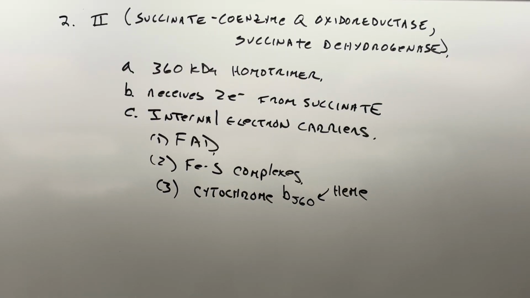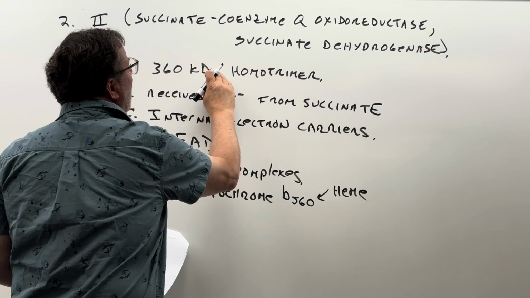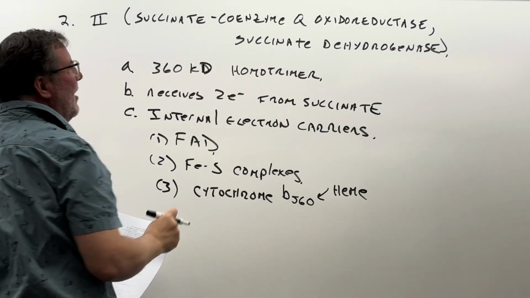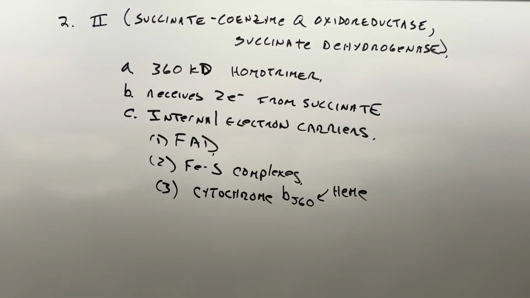Professor? Yes. What is the letter after KD? A. Kilodalton, KD or KDA, it's all kilodalton. You know what a Dalton is? A Dalton is 1 unit of molecular weight. So water has a molecular weight of 18, you would say it's 18 Daltons.